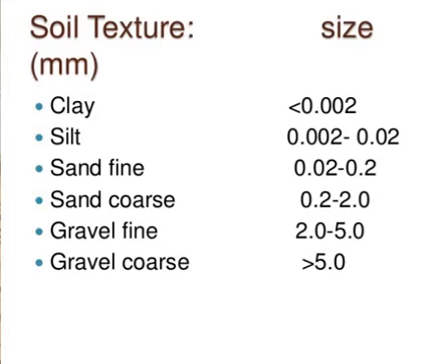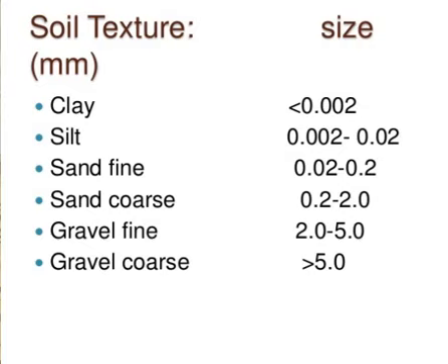What does this system denote? Clay particles having size less than 0.002 millimeter, then silt particles having size 0.002 millimeter to 0.02 millimeter in diameter, then fine sand having size 0.02 millimeter to 0.2 millimeter, then coarse sand having size 0.2 to 2.0 millimeter, then gravel having size 2.0 to 5.0 millimeter, and coarse gravel, also known as stones, which are greater than 5.0 millimeter.